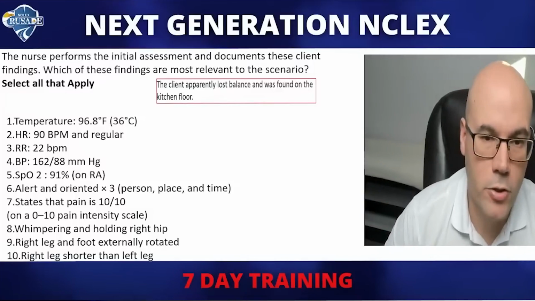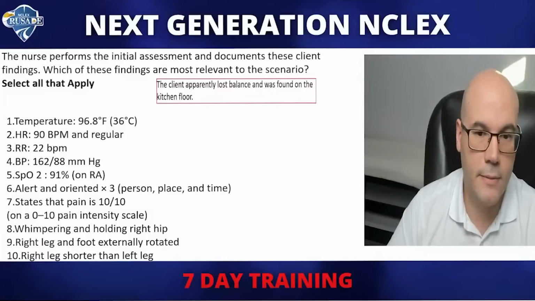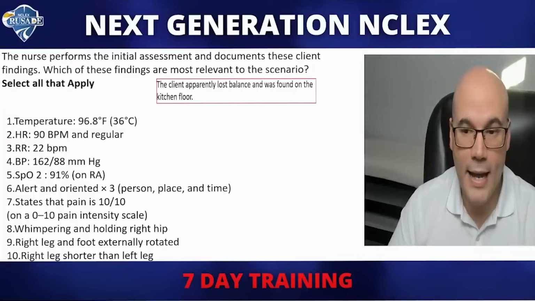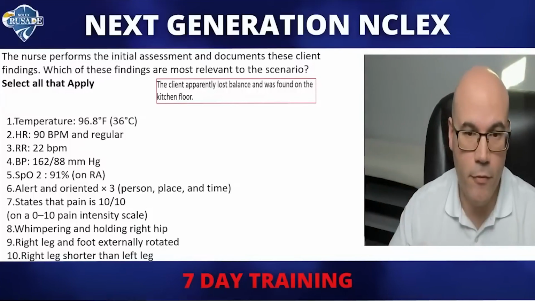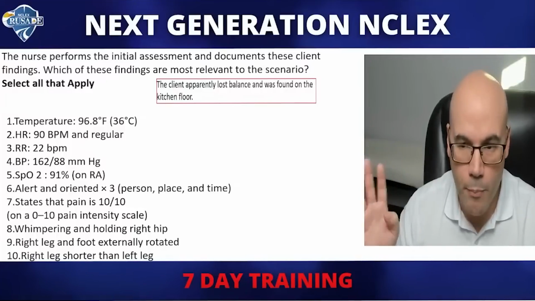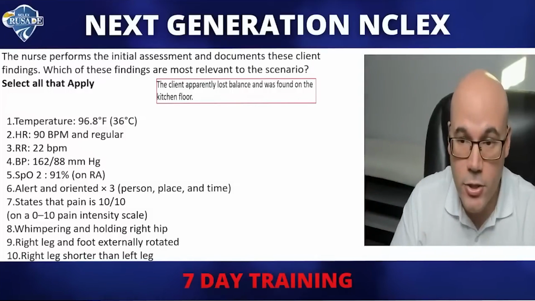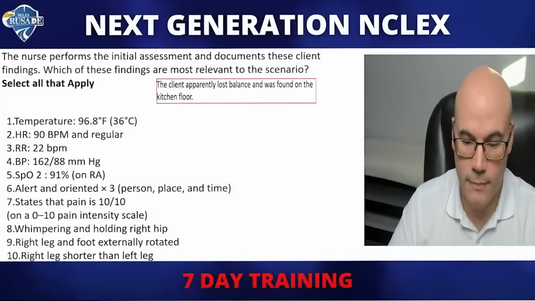So let's look at the first one. Temperature, 96.8, 36 degrees Celsius. One thing that I can tell you about these type of questions is that all of the answers are important, and you can use all of the answers to make your decision.